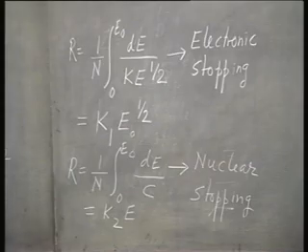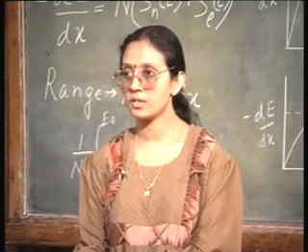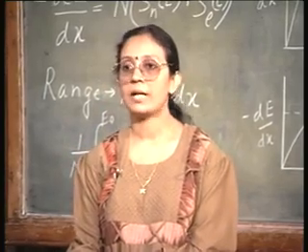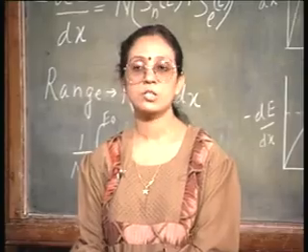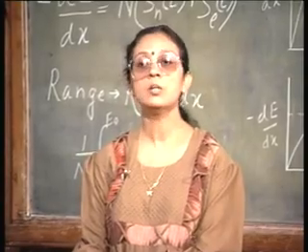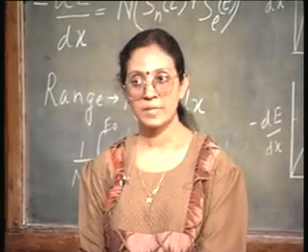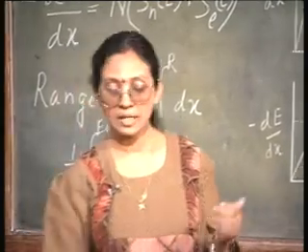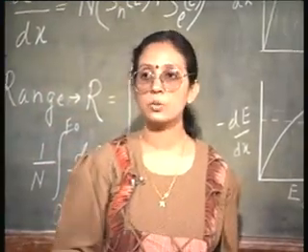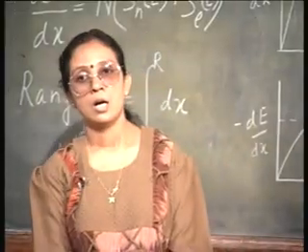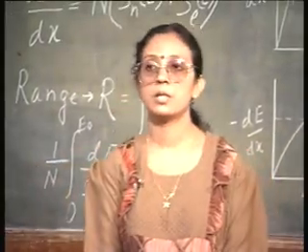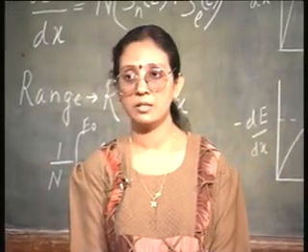Okay. Now that we have found R, in order to obtain the peak concentration and all that, the factor that we are most interested in is the mean projected range, and the mean projected range is related to R and the particular target ion combination.